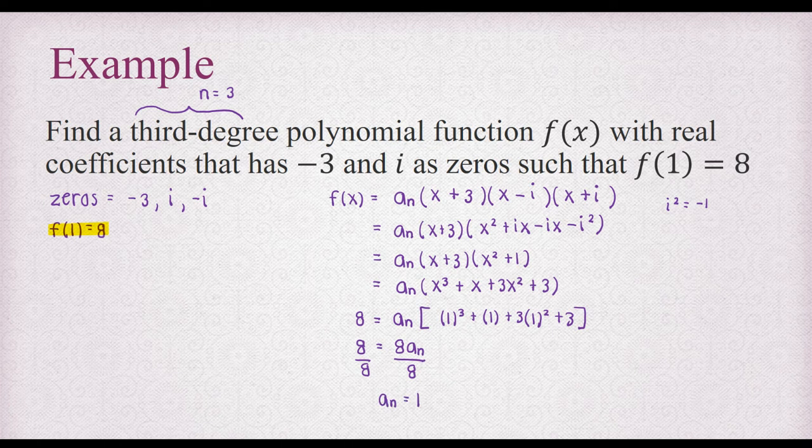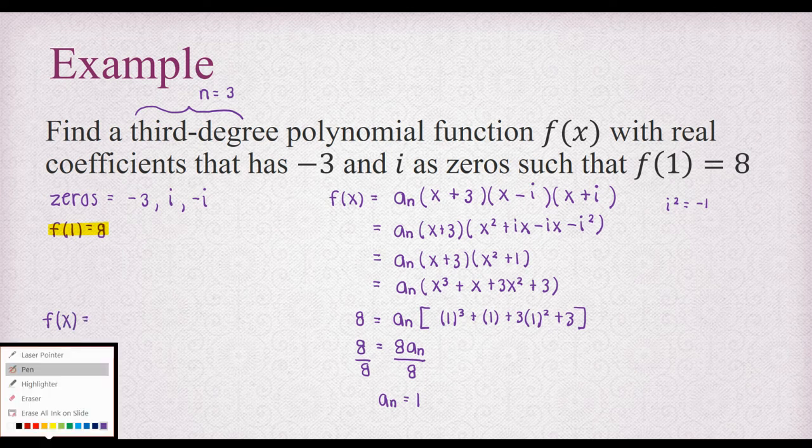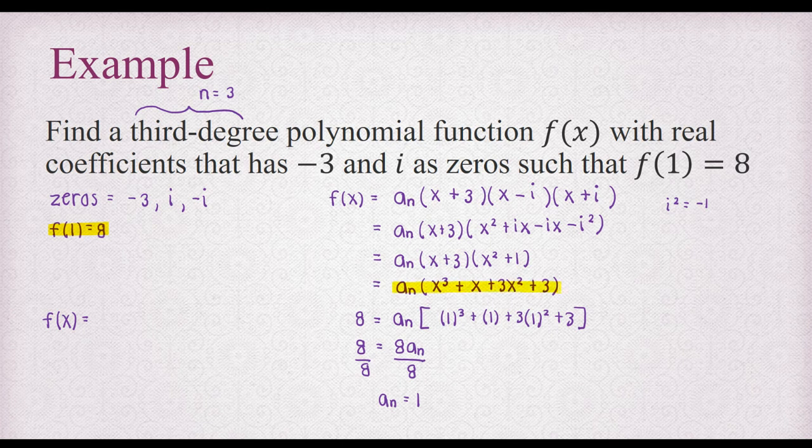Okay, so once I have what that a sub n is, I now have everything I need to write my actual answer. So I'm going to go back to this part right here, prior to substituting in the numbers from f of 1 equals 8. I'm now able to replace a sub n with 1.